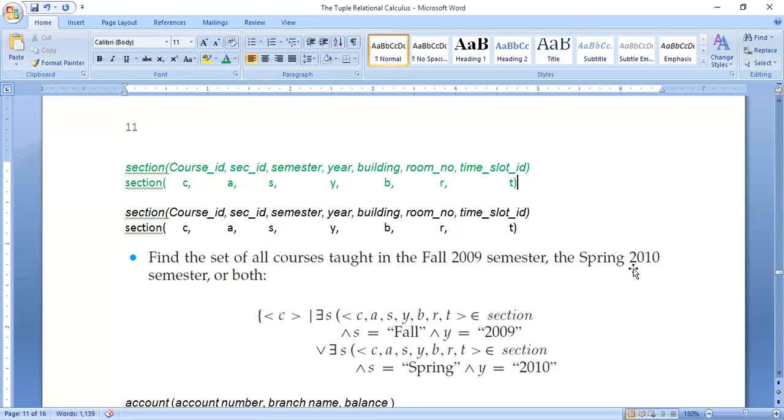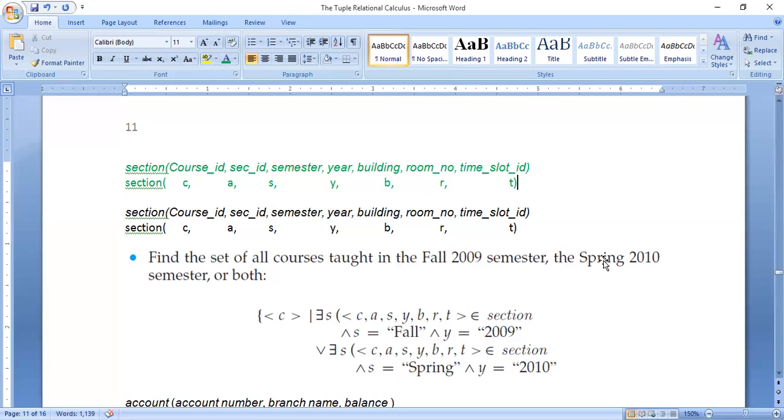The second part is for the spring. Once again we will choose the same relation. This relation has all these different domain variables, and because we have already used C as an output, the remaining are A, S, Y, B, R, T. So we can write A, S, Y, B, R, T with the existential qualifier.